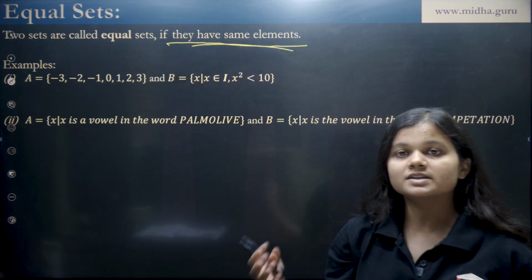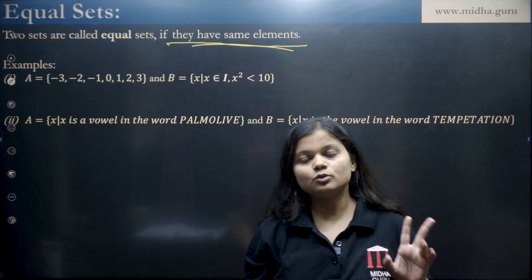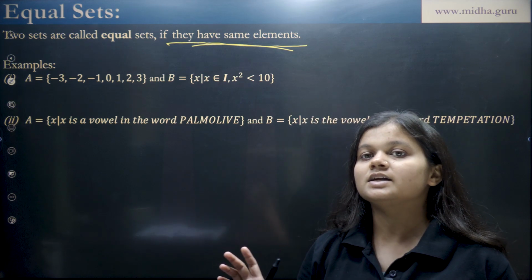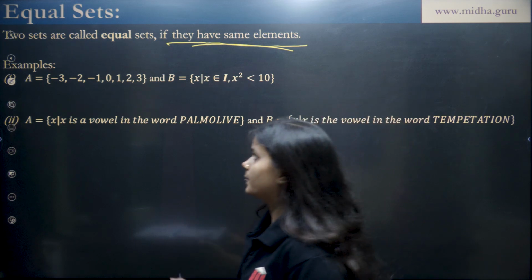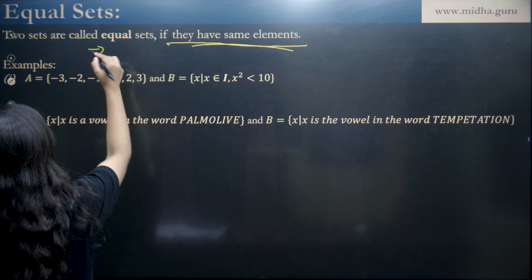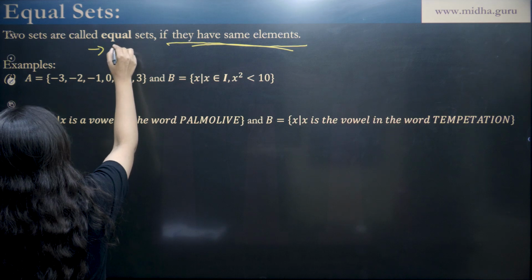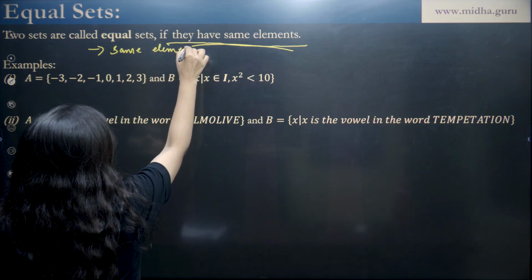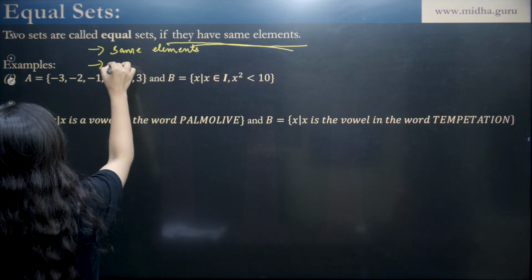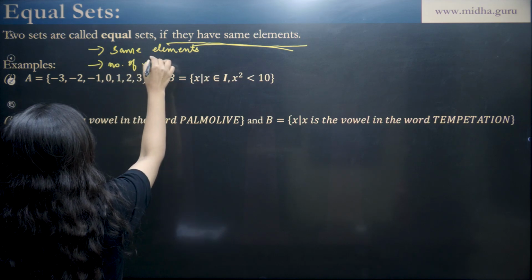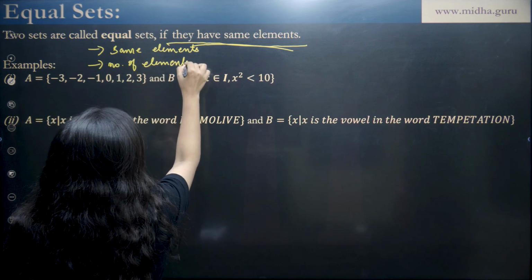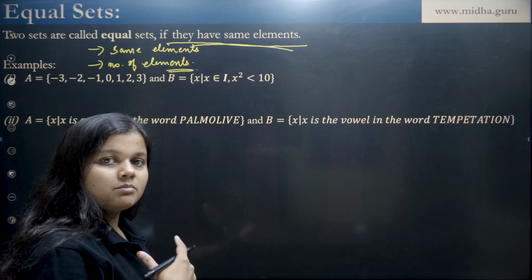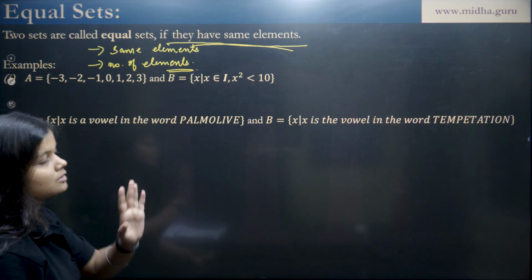So two things should be there: same elements and also the same number of elements. Then the sets are said to be equal.